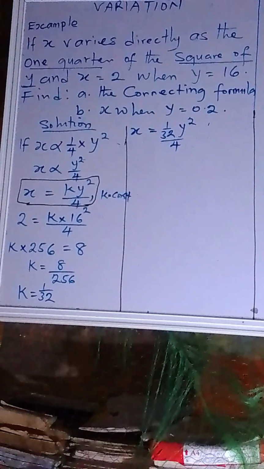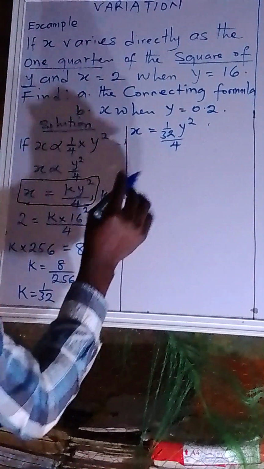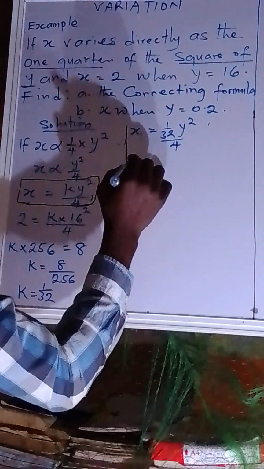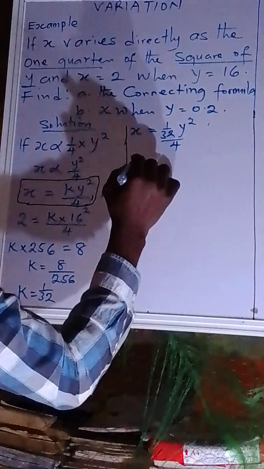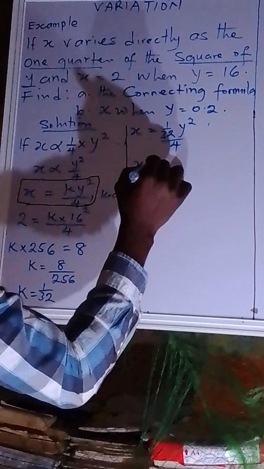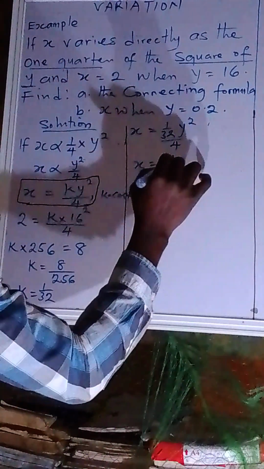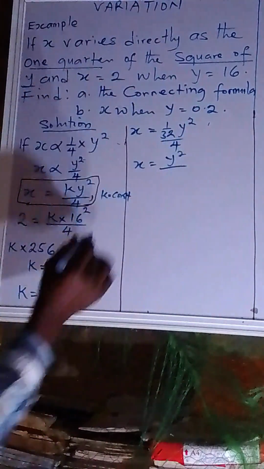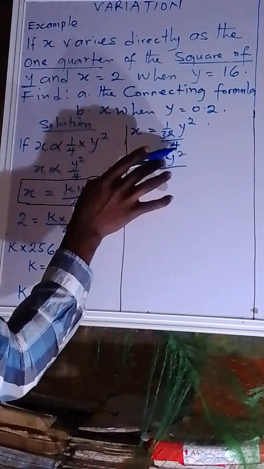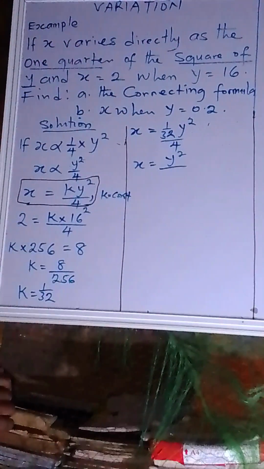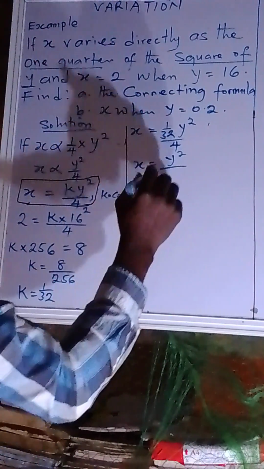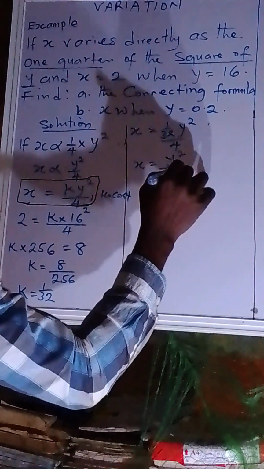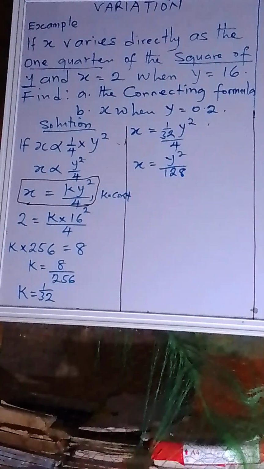Okay. So from here, you can also tidy this up. This is going to give you x equals y squared all over, now 32 will multiply itself with 4, and that is going to give you 128. Why is it like that?